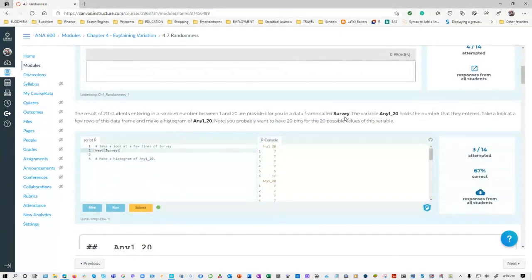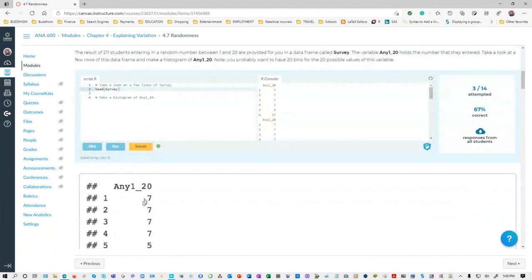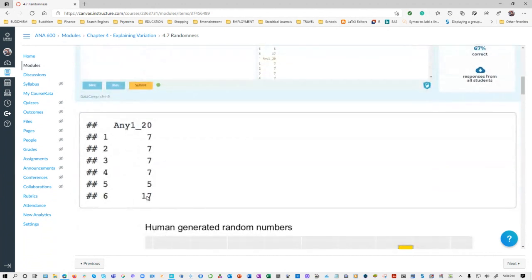All the numbers that they entered are already set up: 7, 7, 7, 7, 5, 17.